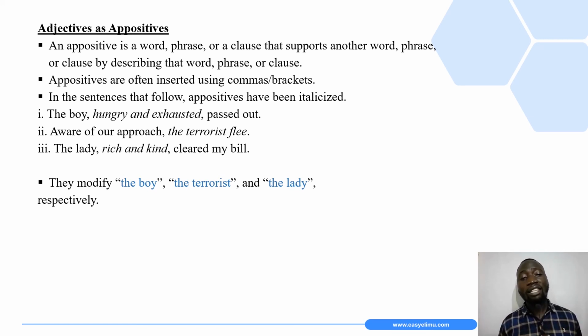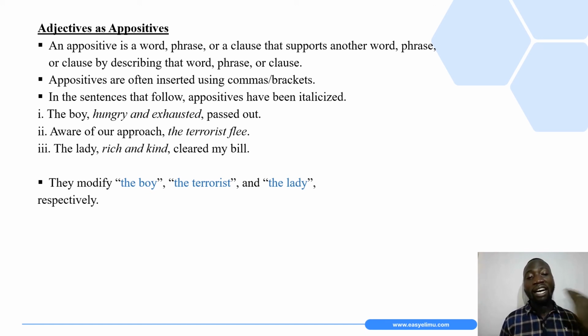In the sentences that follow, the appositives have been italicized. In the first sentence, "The boy, hungry and exhausted, passed out." If we remove "hungry and exhausted," the sentence will read, "The boy passed out." So it is still complete.